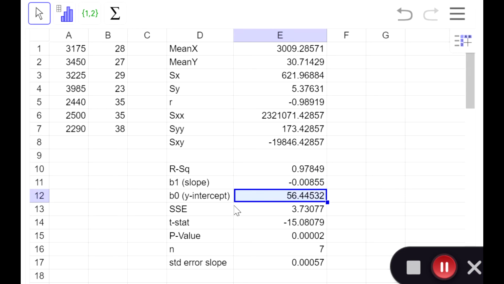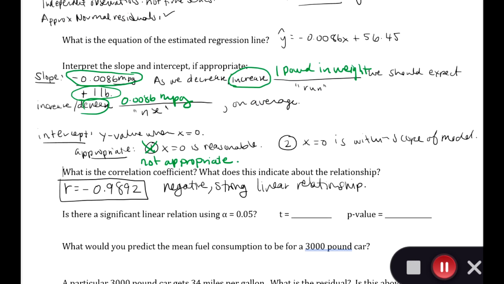But what we care about here for significance is our test statistic and our p-value. Okay, so our test statistic is the t-value, which was a negative 15.08.